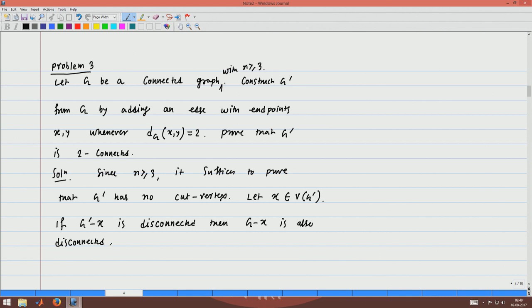This is true because G prime has more edges than G. G is basically a subgraph of G prime.